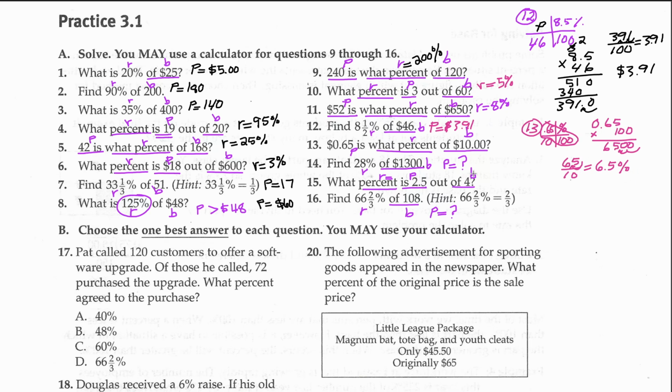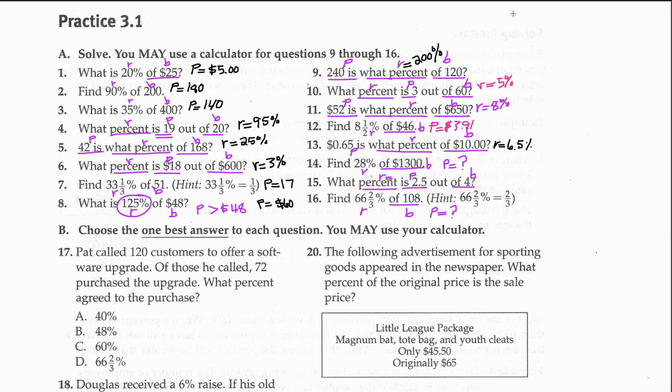Okay, so that's the answer. And what we need to do is write R equals 6.5%. Okay, that's the answer for number 13.